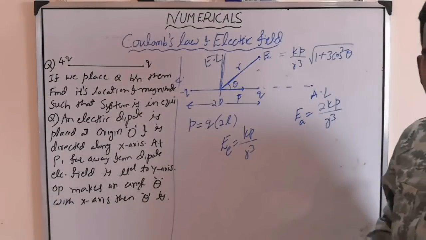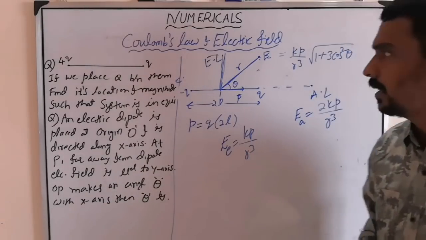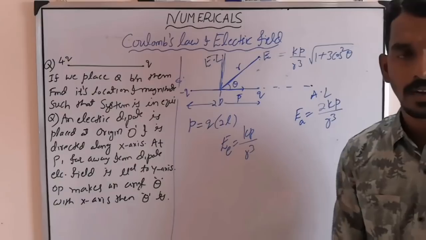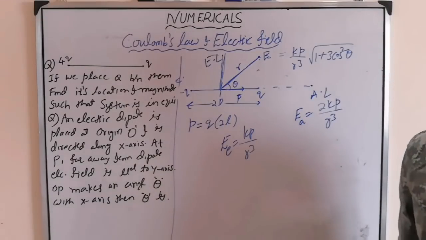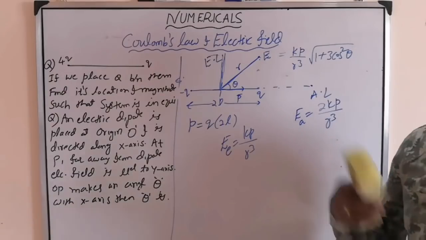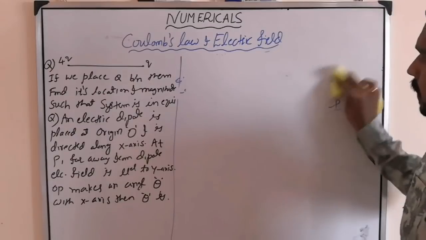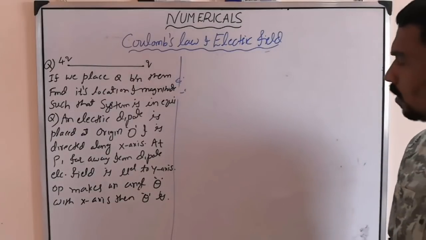So these three formulas, the field on the axial line, the field on the equatorial line, and the field at any random point, you will get questions on. But for the random point, I have given one more formula also. Let me explain it.